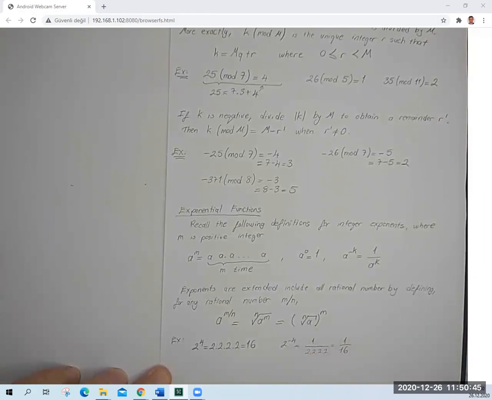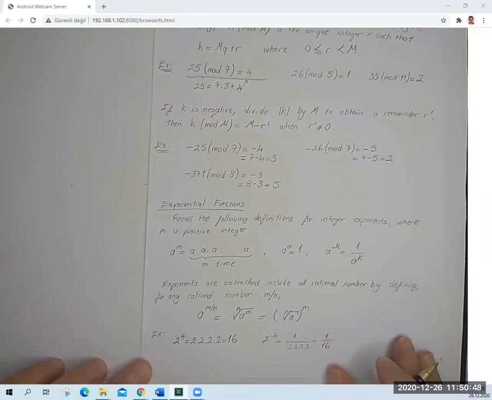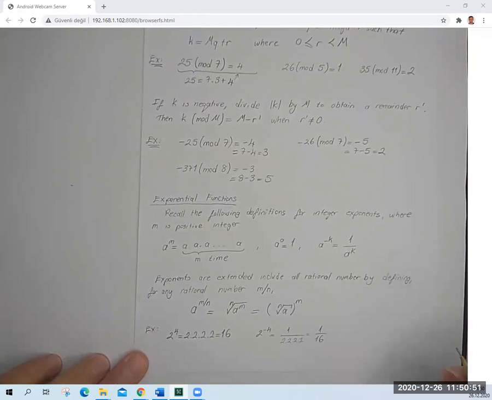If I am going to write 125 to the power 2 over 3, it means I am going to take the cube root and then the power 2. So this is going to be equal to what? 5 to the power 2, which is 25.